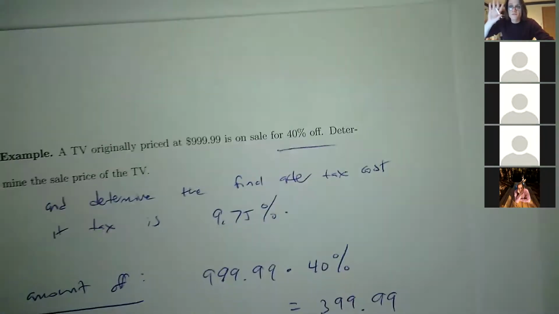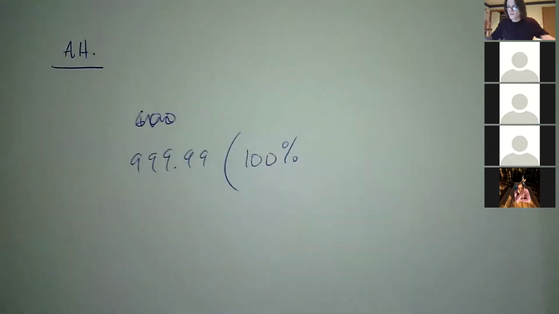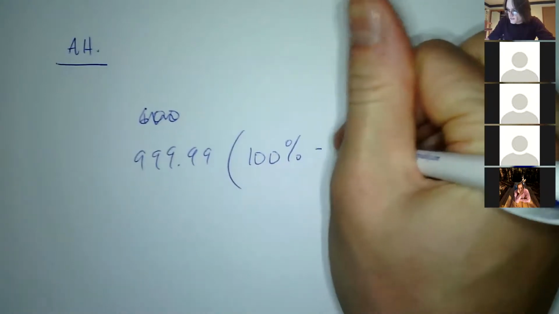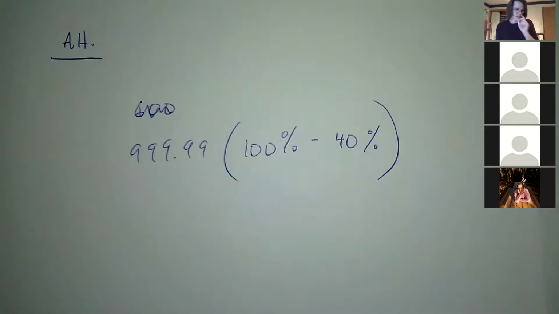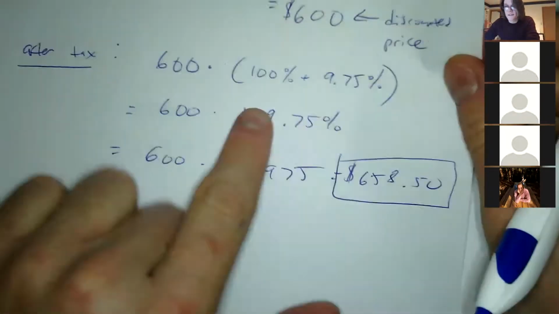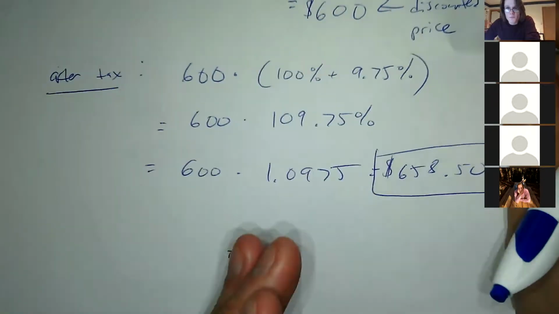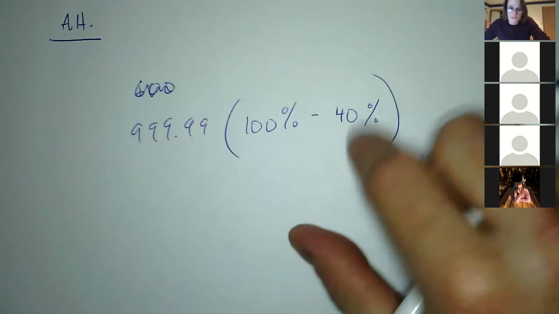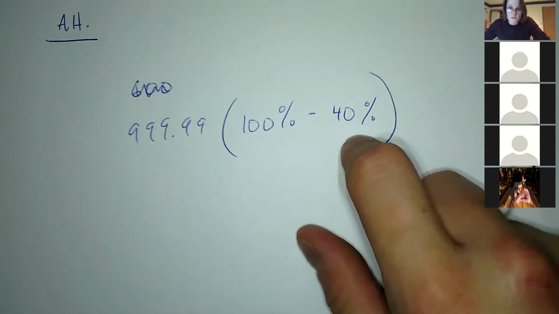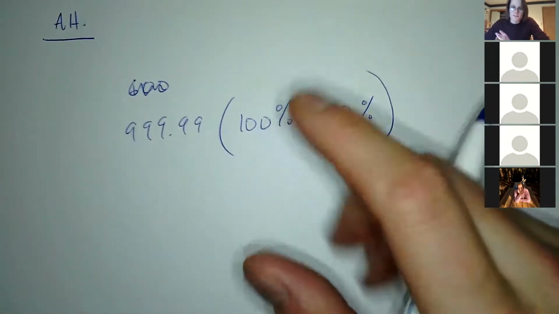So I'm taking off 40% of the 100, so minus 40%. It's the same idea as with the taxes where we add an additional percent, but here we're doing a discount. So we're subtracting some percent from the whole, but it's the same process, just in the opposite direction.